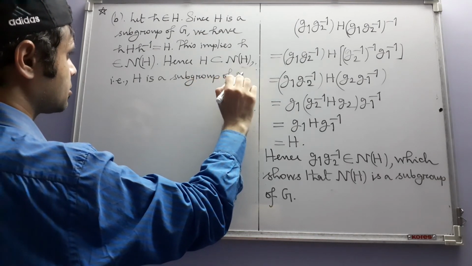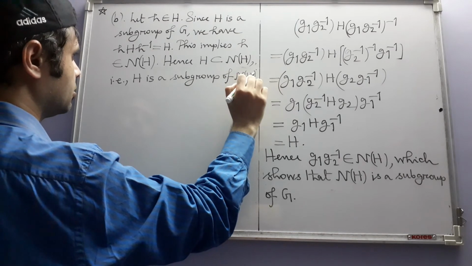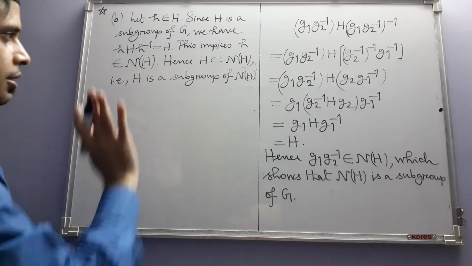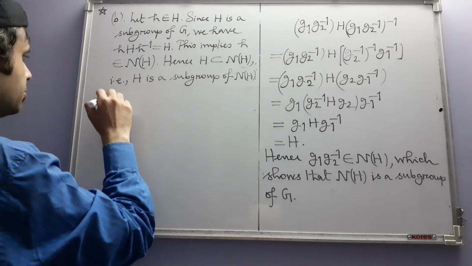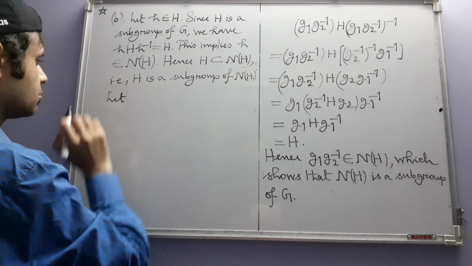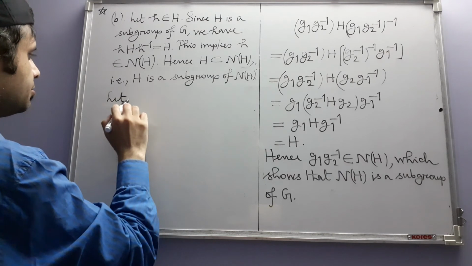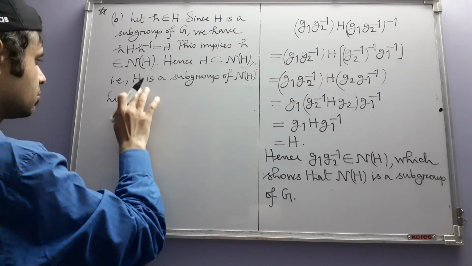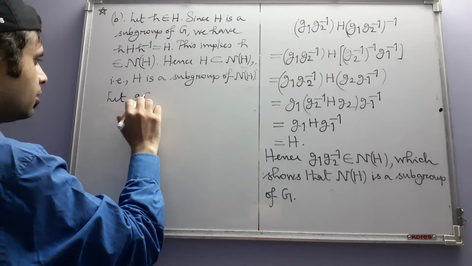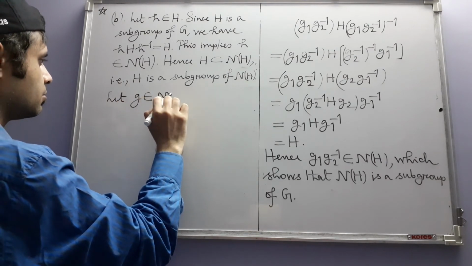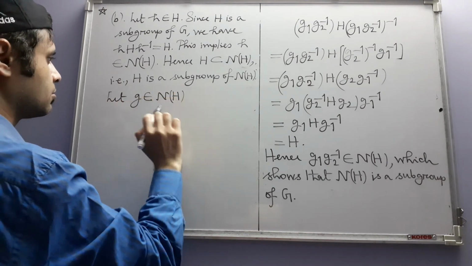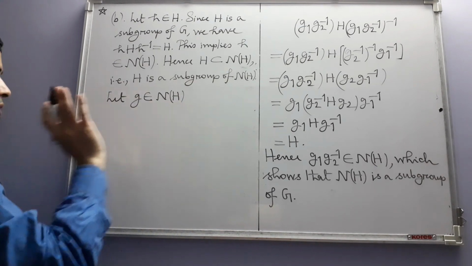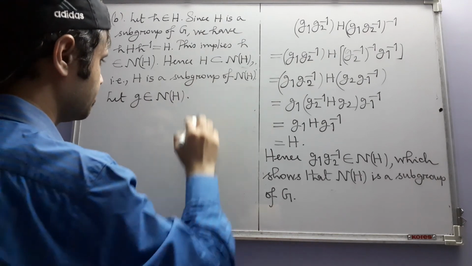So this is a subgroup of NH. Next we turn to the normality of H in NH. Let g belong to NH.